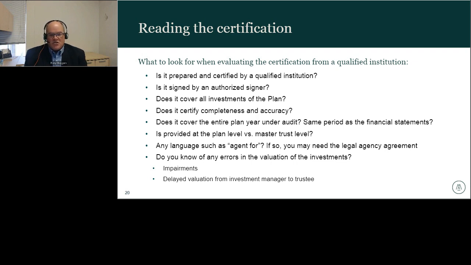So make sure that your certification is covering everything, because as auditors, we can't split the audit and do a 103 audit on half the plan and a full scope audit on the other half of the plan, or non-103 audit. It has to go one way or the other. So making sure that your certification is complete.